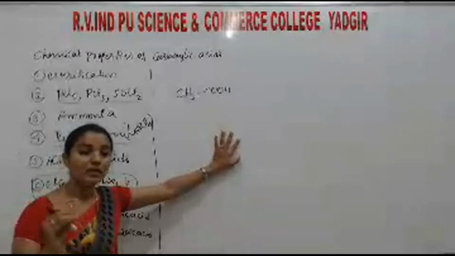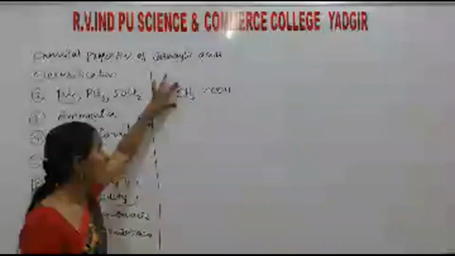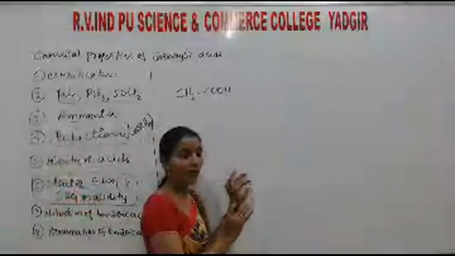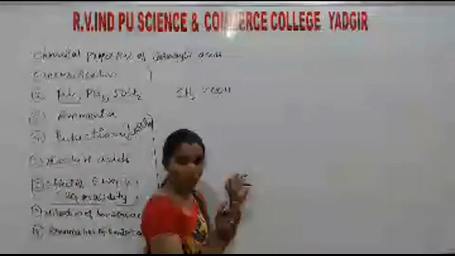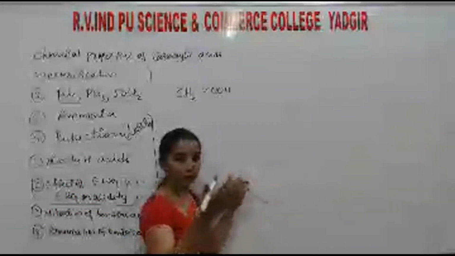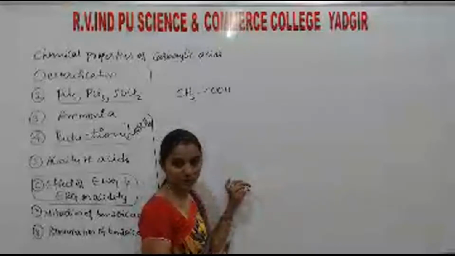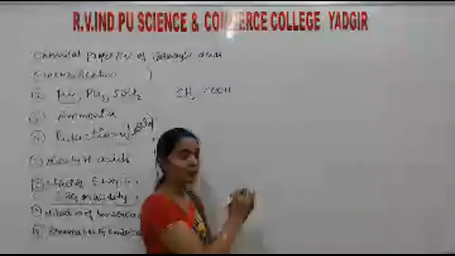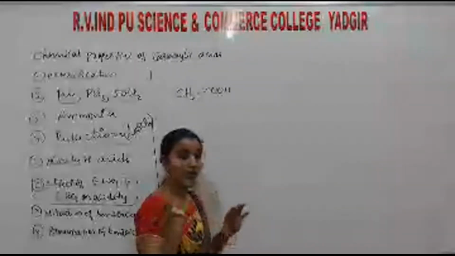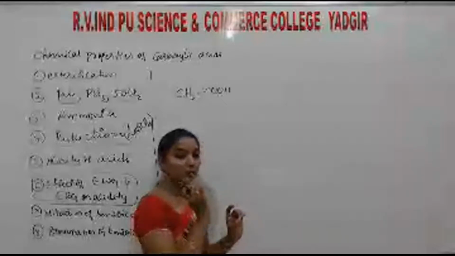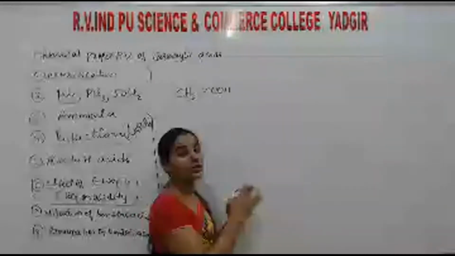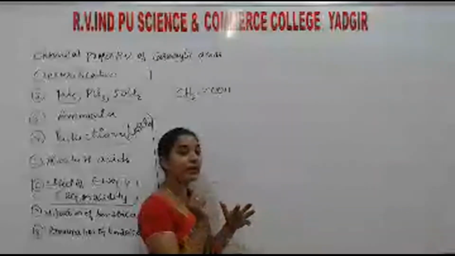Except alkyl groups, those which have greater electronegativity than carbon are all electron withdrawing groups. Understood? After carbon, oxygen, nitrogen, fluorine and halogens have high electronegativity. So electron releasing means alkyl groups: CH3, C2H5, C3H7.